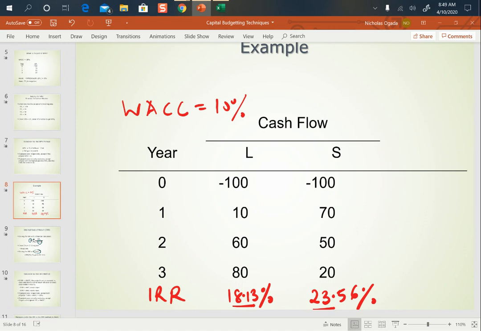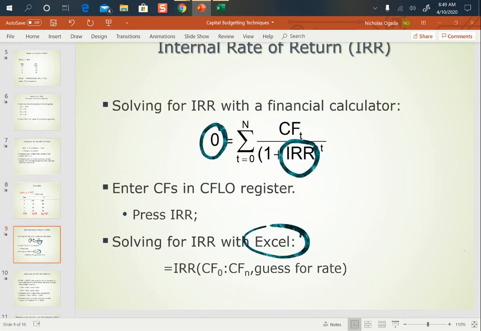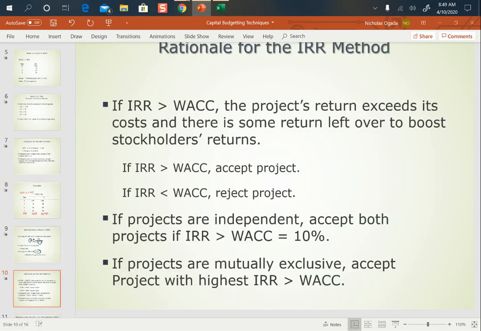So how do we then use this information and make some financial decisions? The rationale for this method is this: if the internal rate of return is greater than the weighted average cost of capital, which in our example, remember, is 10%.